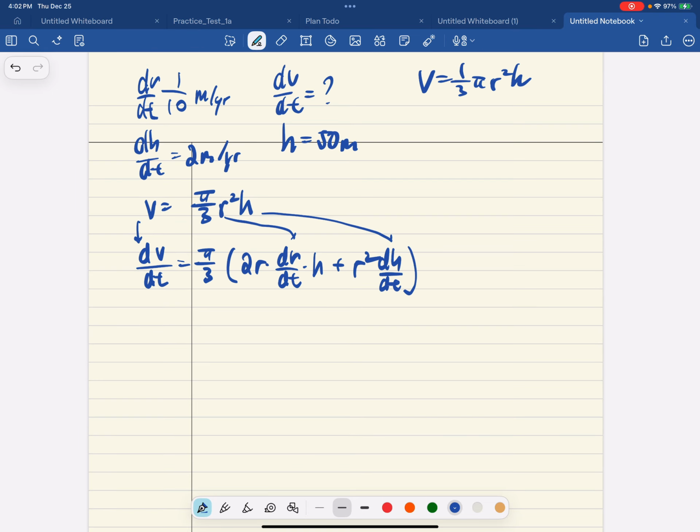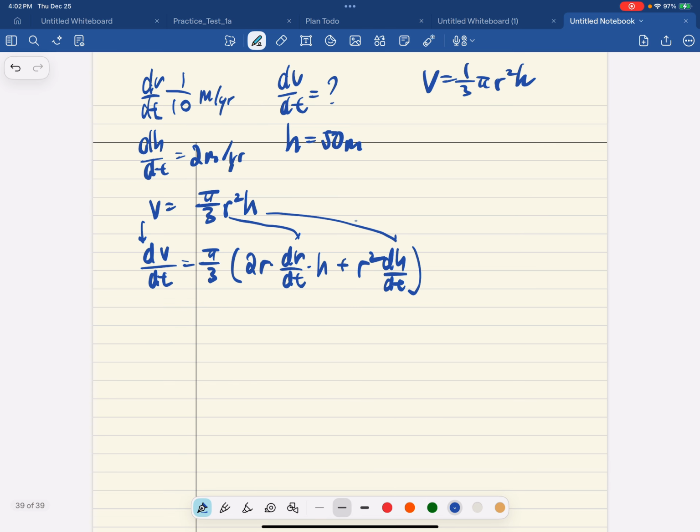And they are both given, dr on dt and dh on dt, in the problem. And then we also have that the height is 50.